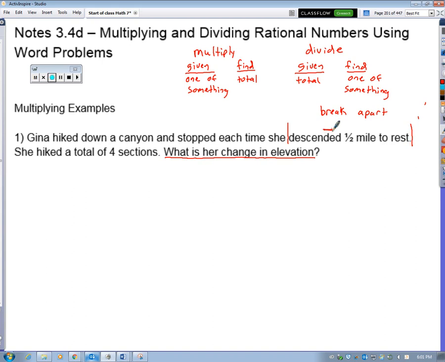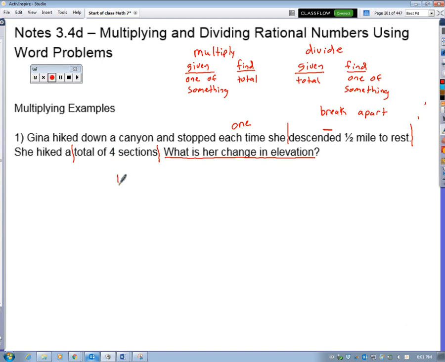Every time she hiked a section, she went a 1/2 mile. She did this a total of 4 sections. She did that 4 times. What was her change in elevation? We've talked about this before, each means 1. There's my one of something. 1/2 mile each time, 1 time. Did this in 4 sections, so we're going to multiply these together to figure out our answer.